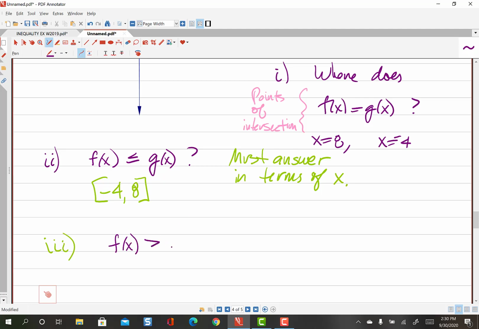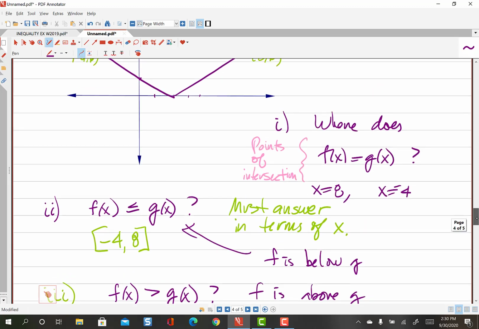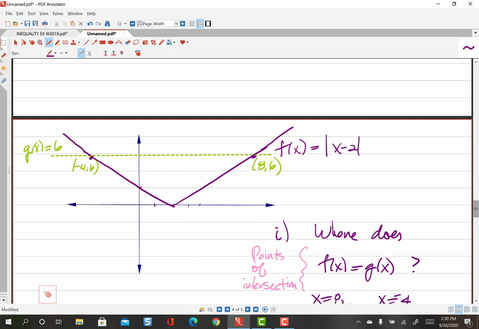Another way of thinking about this is that here f is above g, and in the last one, f is below g. Okay, so if we look at my lovely picture here, f of x is going to be above g of x over here and over here. The f is above g.